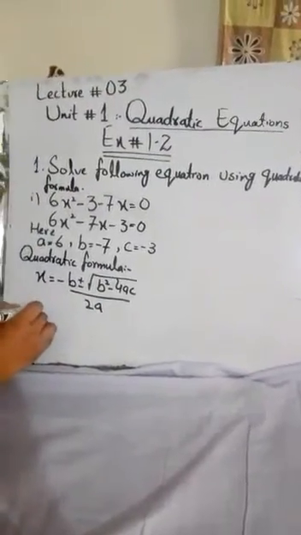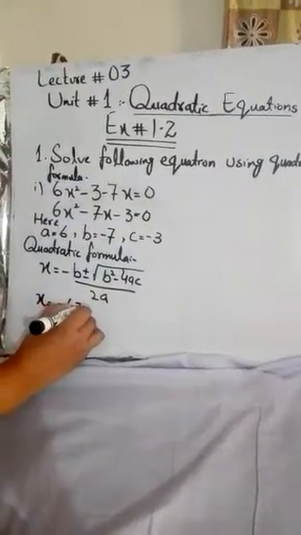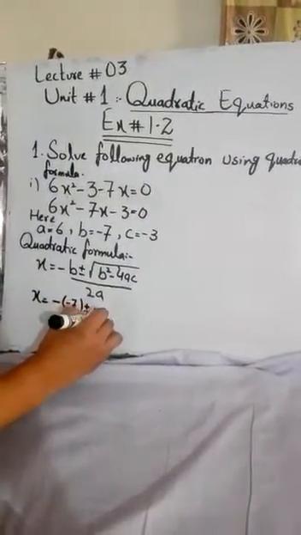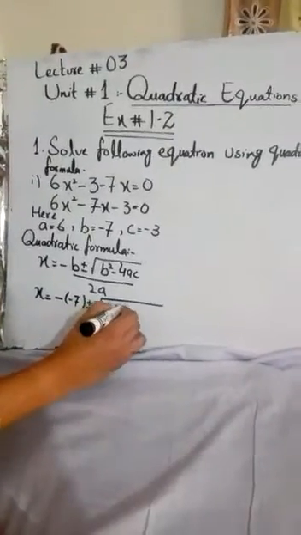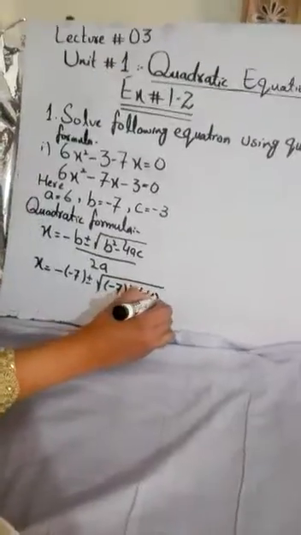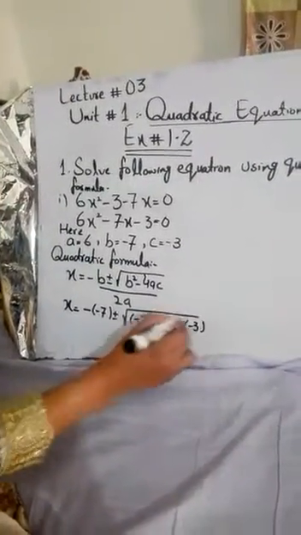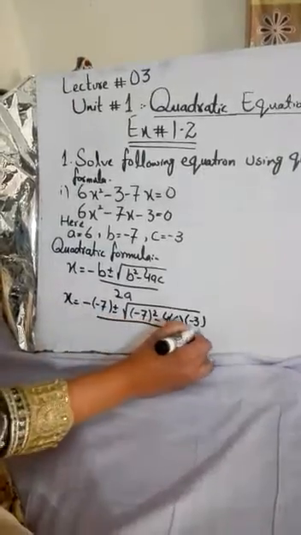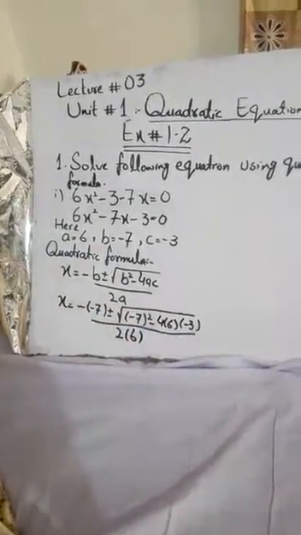By putting the values, b is equal to minus 7, a is equal to 6, and c is equal to minus 3, divided by 2a, which is 2 times 6.